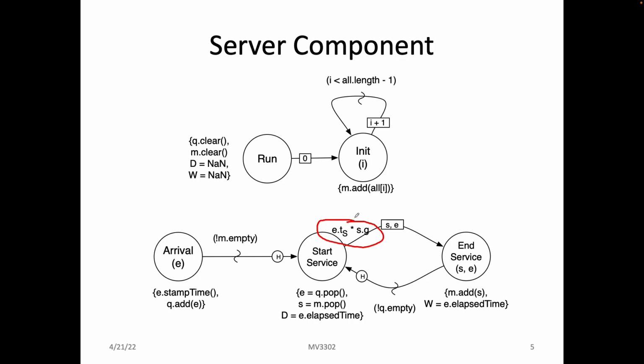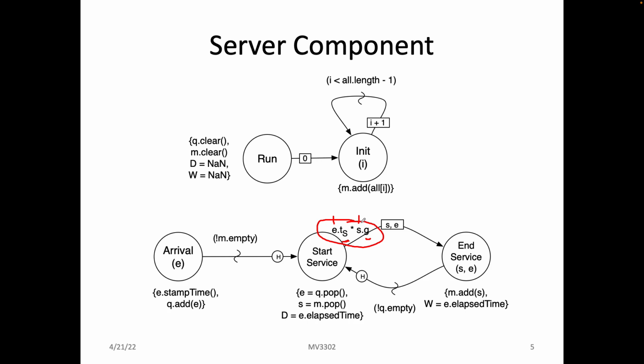But here, the delay, okay, so now how much time is it going to take when we have a customer E and a server S? Well, customer E has a processing time T sub S, and that comes from their attribute. So that's how much work that customer requires. The server has an efficiency of G, and the way this is being modeled, an efficiency of less than 1 means it's going to go faster.